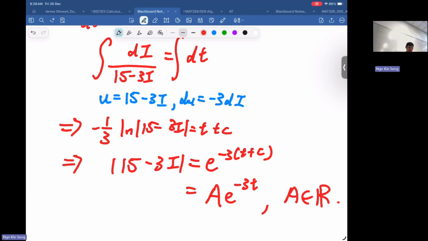So from here, can it be even simpler? Maybe even simpler. Do you think it will be even simpler here? The exponential function is always positive here.